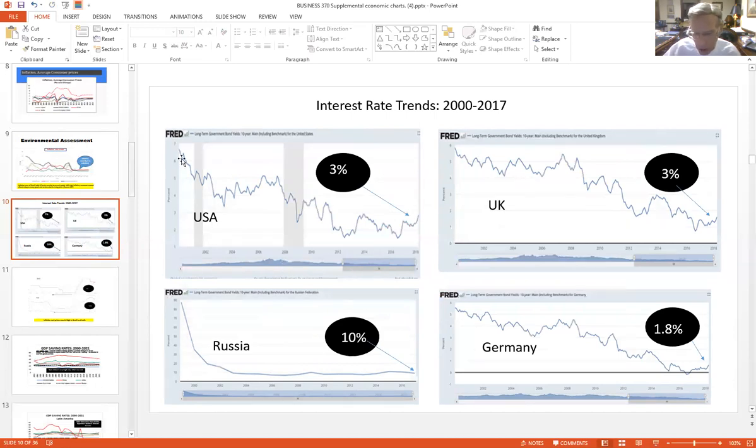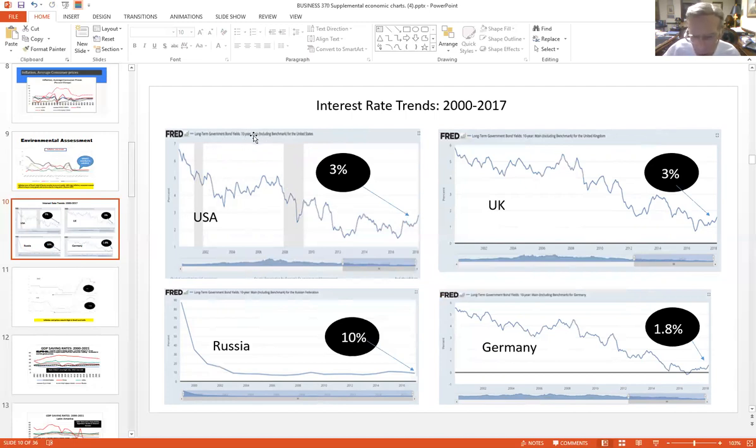In the United States, we not long ago were in a period where interest rates were a lot higher than they are today. And yet today our interest rates have come up a bit, I'm trying to read the chart.